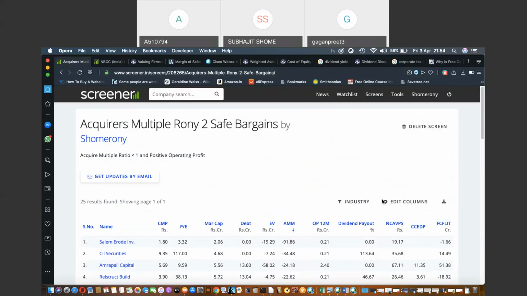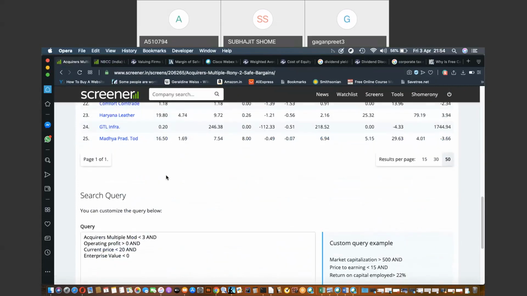It's written over there. So set up a free account there, and you go to the company-wide screener. Which company? It is called GTL Infrastructure, GTL Infra. Okay, fine.